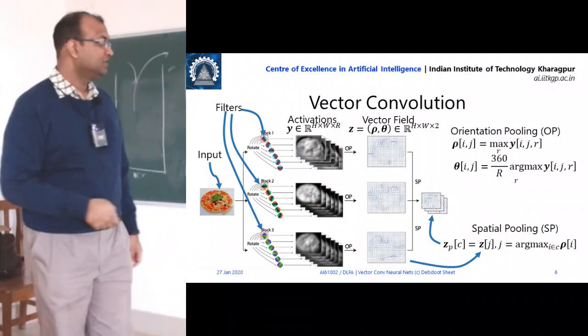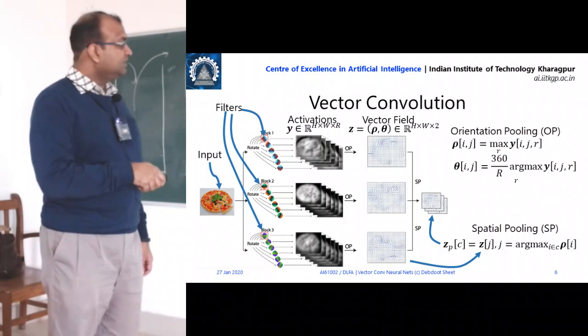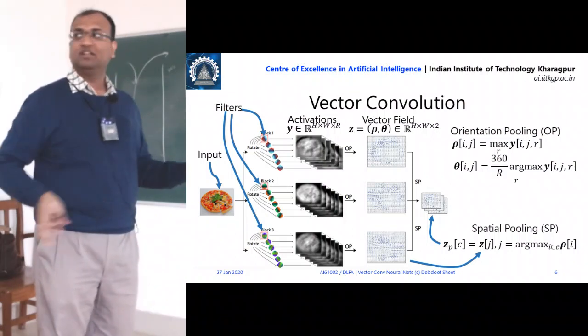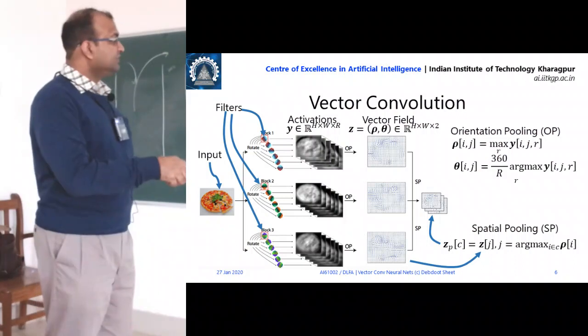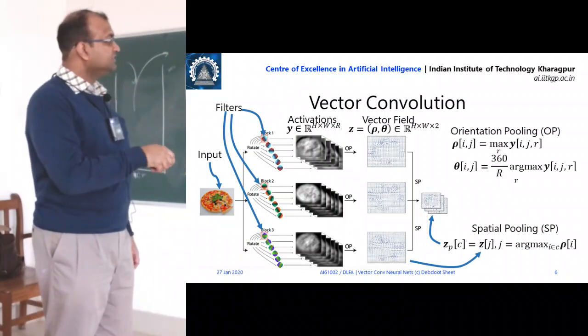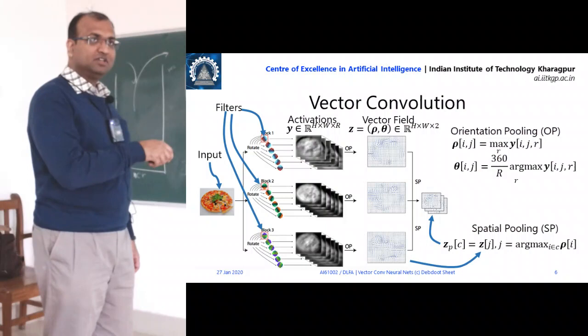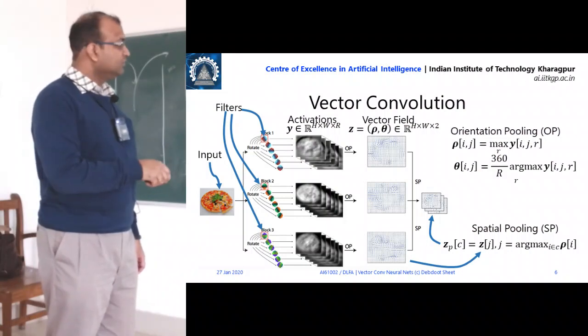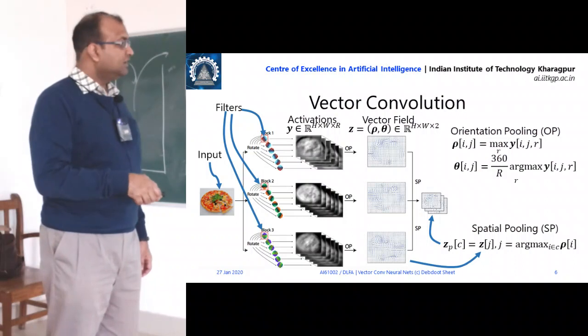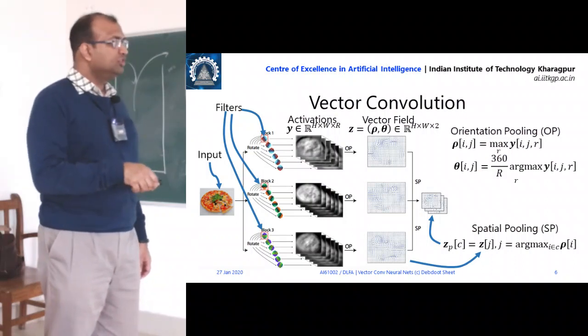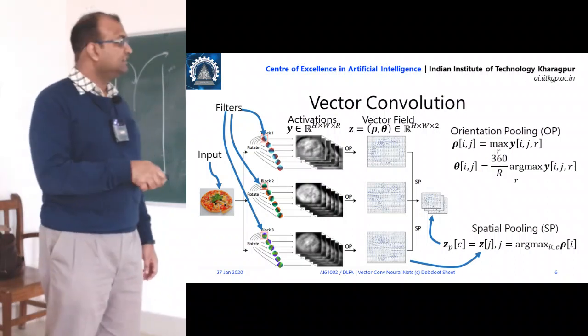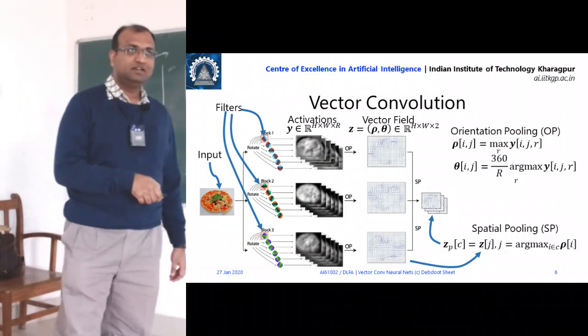But remember, you cannot mix all of these blocks together, because the first vector field corresponds to the first filter block, which was created by doing rotations. The second corresponds to the second one, and the third corresponds to the third one. When you go from here, you can do your spatial pooling and everything, and spatial pooling will be on each of them independently.